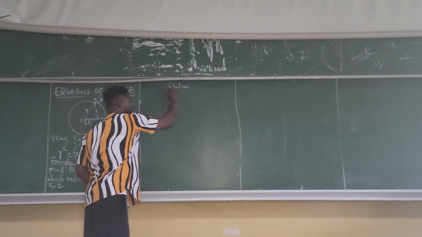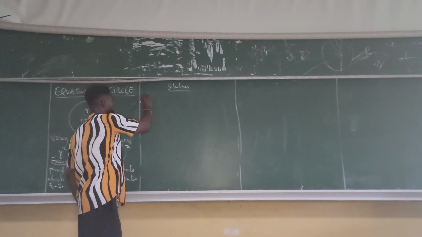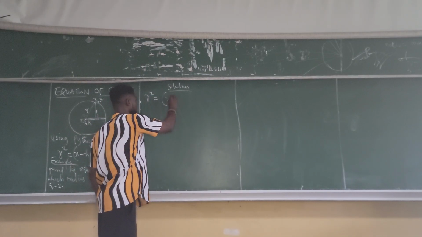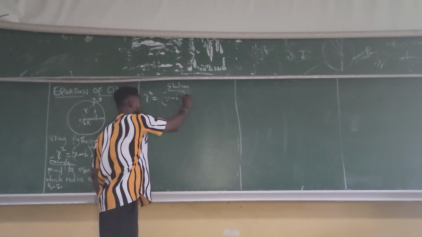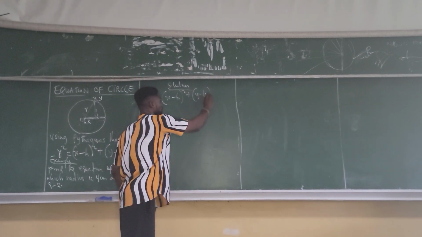Take solution. Now from what is given to us, our equation is r square equals x minus h all in square plus y minus k all in square.